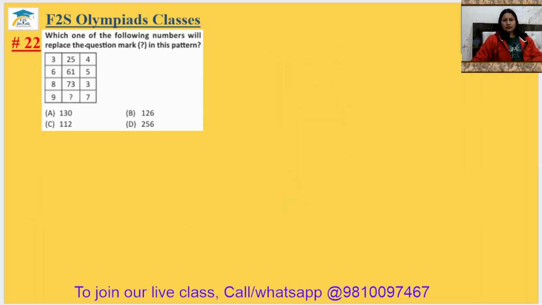Question number 22. Which one of the following numbers will replace the question mark in this pattern? So first we need to understand the pattern. We can see square of this plus square of this. It means 3 squared plus 4 squared equals 9 plus 16, that is 25.